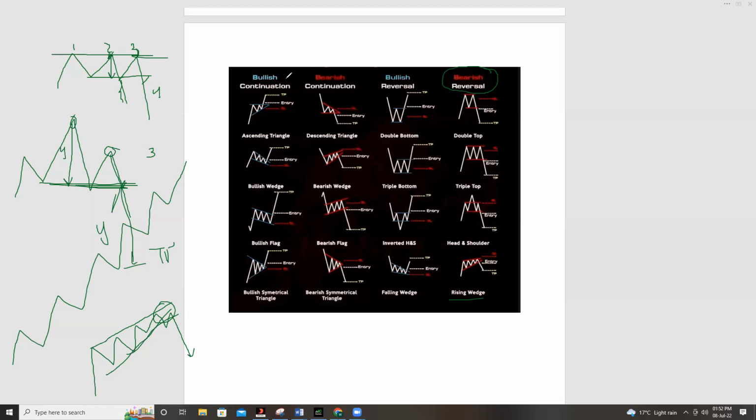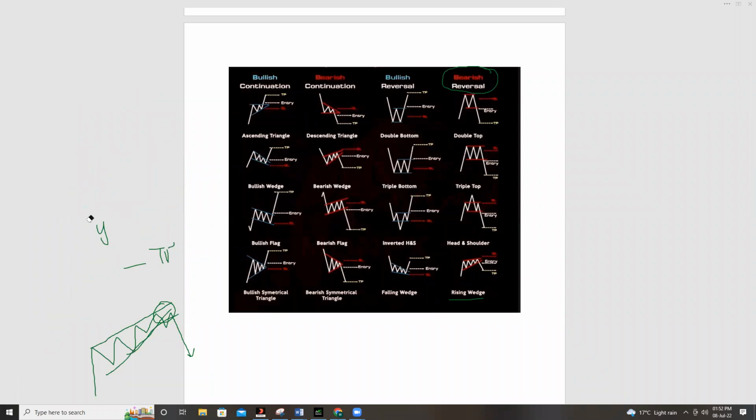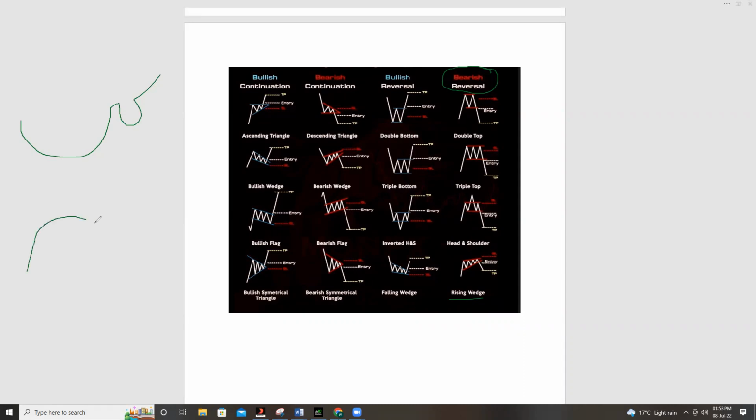So these are some of those important chart patterns. Remember, there are so many chart patterns. There's also the diamond chart pattern. There's also the rounding bottom, and then if you have a retest, you can call it a cup and handle. The opposite would be the rounding top, and if it has a retest, we call it the cup and handle.